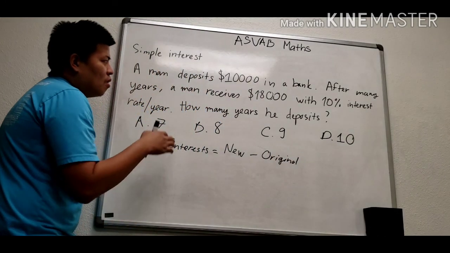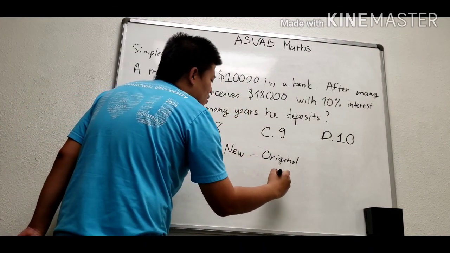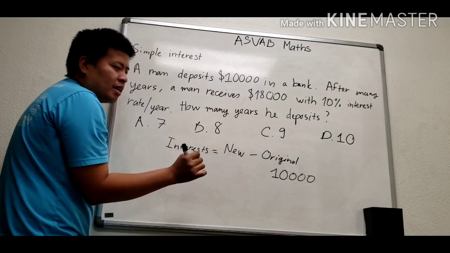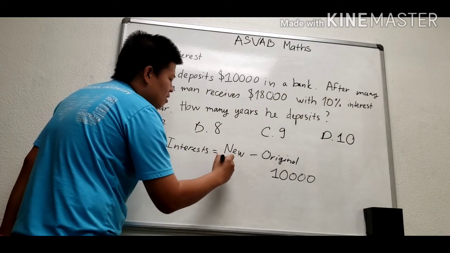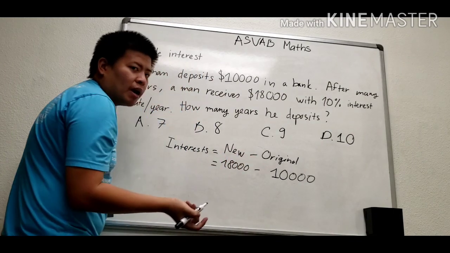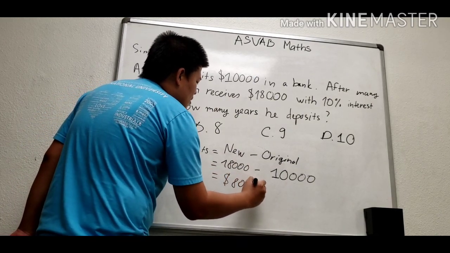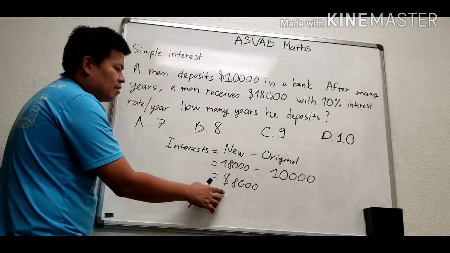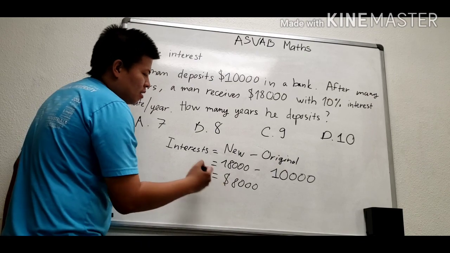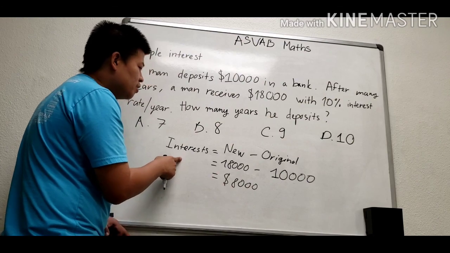This means that we deposit 10,000 as the original money. After we put it in the bank, we receive 18,000, the new one, so they will receive $8,000 in interest, because that's why we get more money in the bank. So that's why we have the number 8,000 for interest.